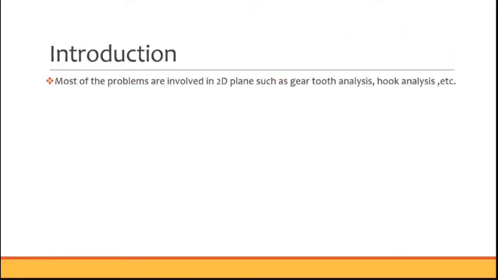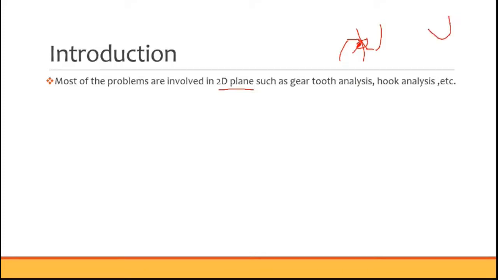You can say that you consider a problem in a 2D plane. It may be a gear tooth analysis. If there is a contact of gears like this, what will be the stress formed in this location? A gear tooth analysis or a hook analysis.